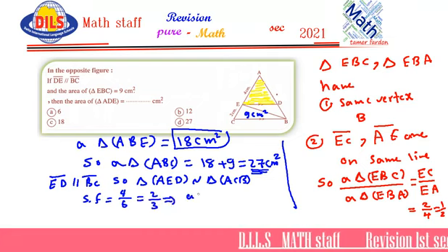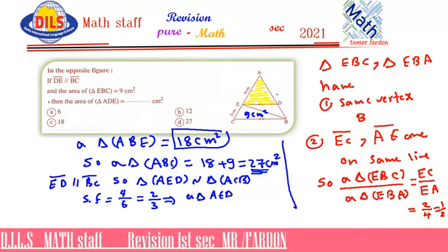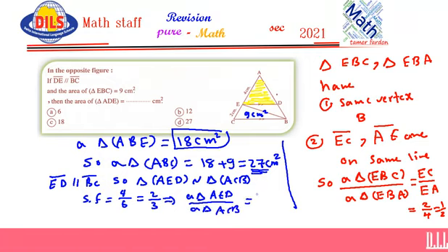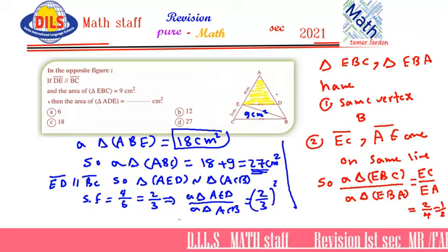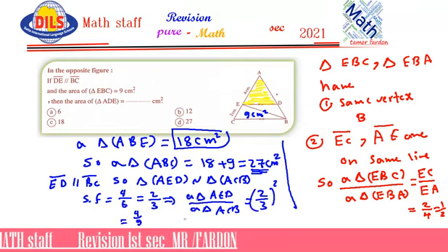So area of triangle AED over area of triangle ACB equals 2/3 power 2 equals 4/9.